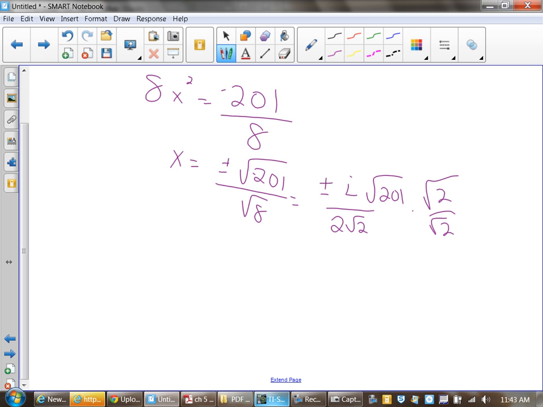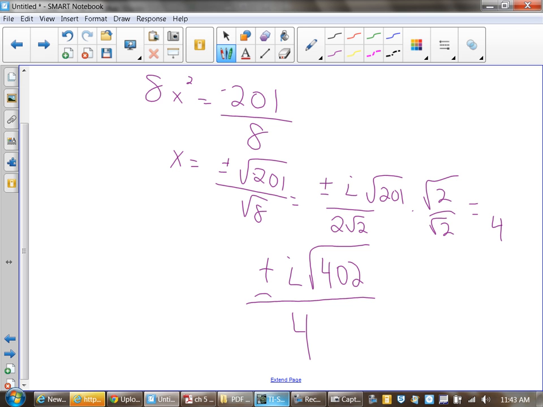Why can't you just do 10 to the square root of 8? You can do that too, but then you have to simplify later. What's root 2 times root 2? 2. What's 2 times 2? So your answer is plus or minus i root 402 over 4.